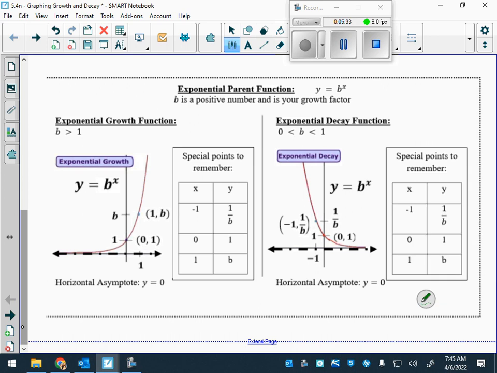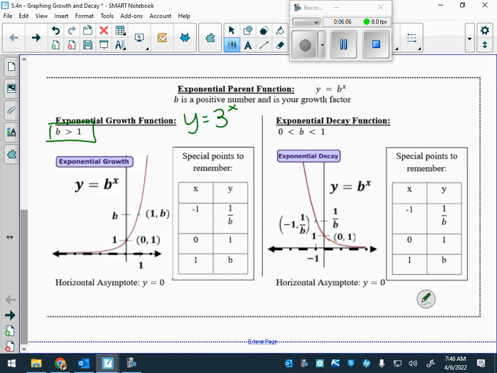These two functions are your exponential growth and decay functions. If you read graphs, you always read graphs left to right. This is increasing. So when you have a b value greater than 1, you have an exponential growth function. An example of that would be y equals 3 to the x.